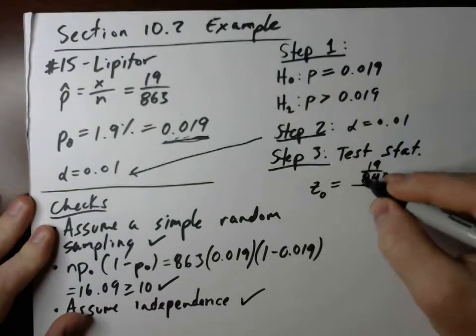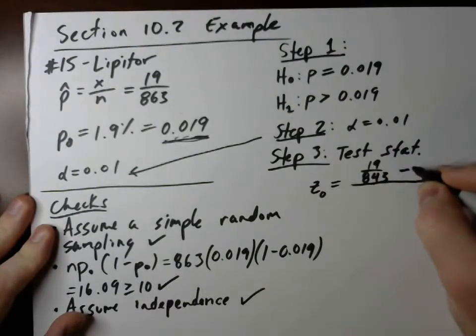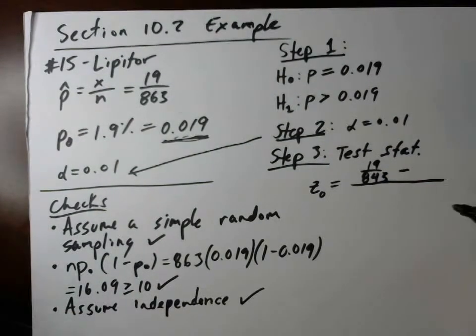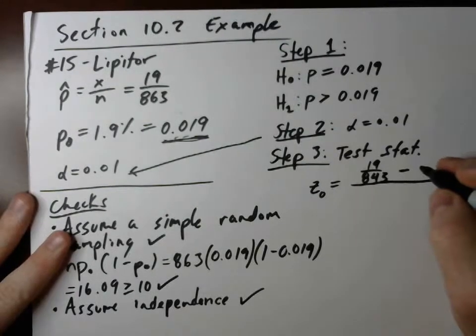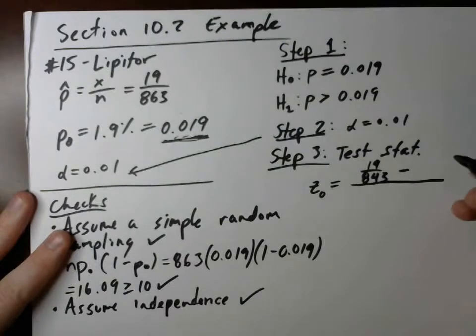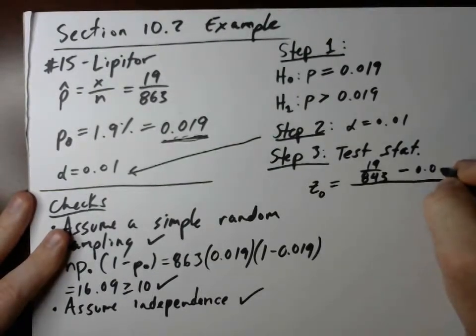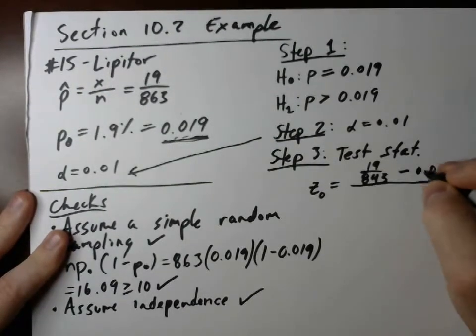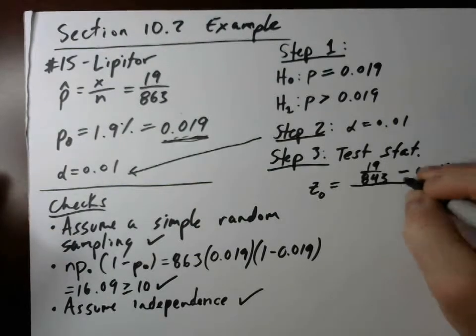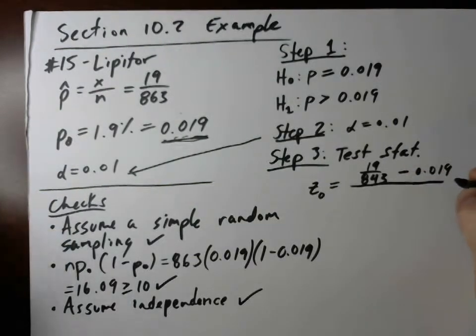How far away is our data compared to our claimed value, 0.019? So p hat minus p naught. How far are they away from each other? But we can't just simply measure the distance from here to here.